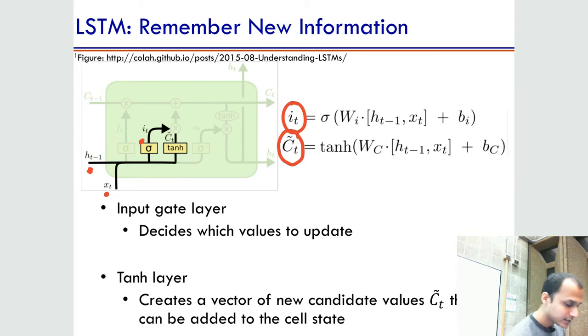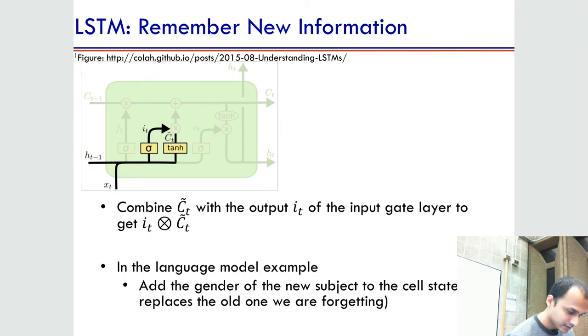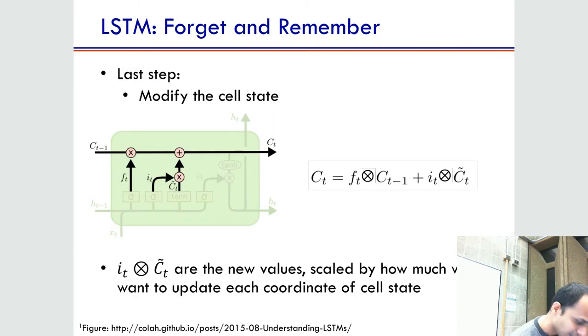What I'm going to do is take i t and C tilde t and multiply them element-wise. C tilde t is my candidate new information, but I'm going to modulate it as well. I'm going to set some coordinates to 0 if they're irrelevant, or keep them if they're relevant. Once I do that, I can add it back to the cell state.